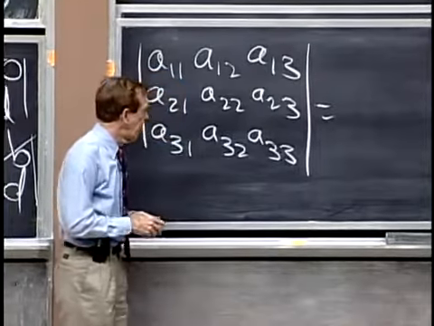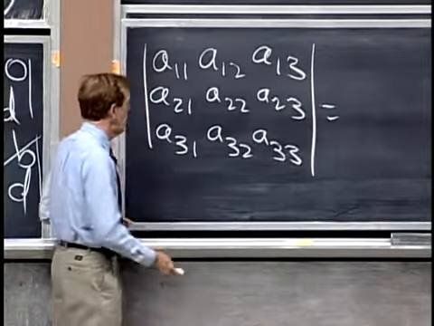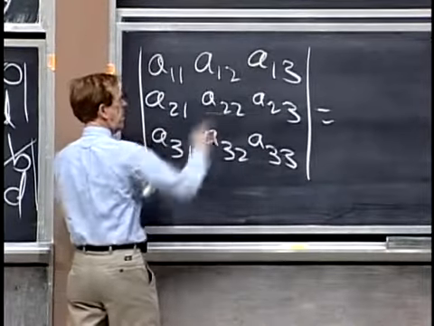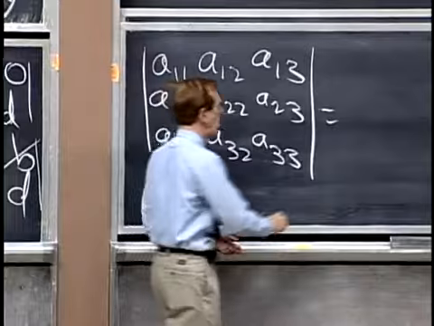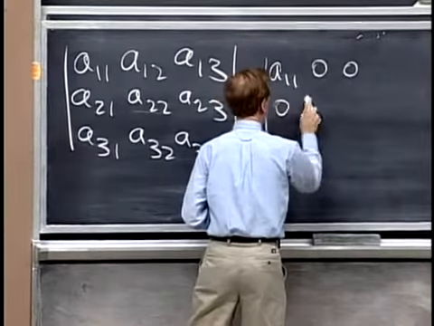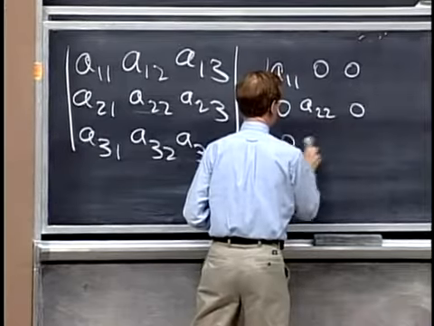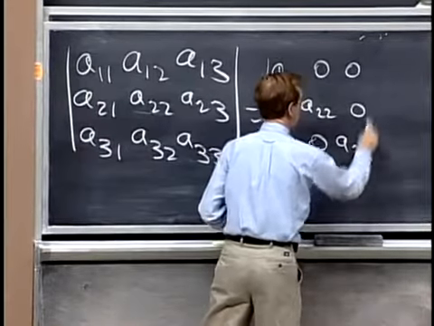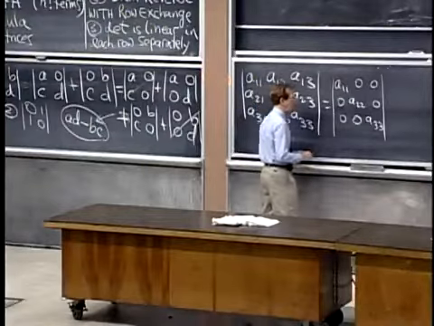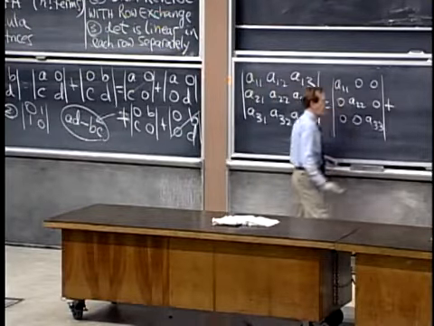Well, for example, one survivor will be that one times that one times that one, with all zeros everywhere else: A11, 0, 0, 0, A22, 0, 0, 0, A33. That's like the AD survivor. Tell me another survivor.